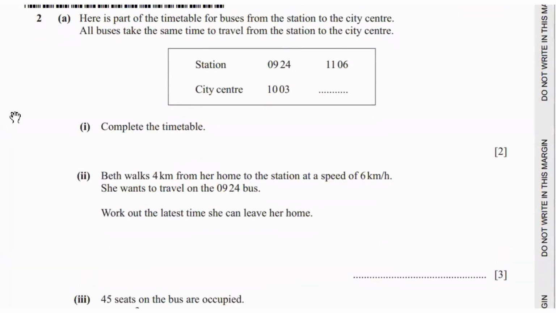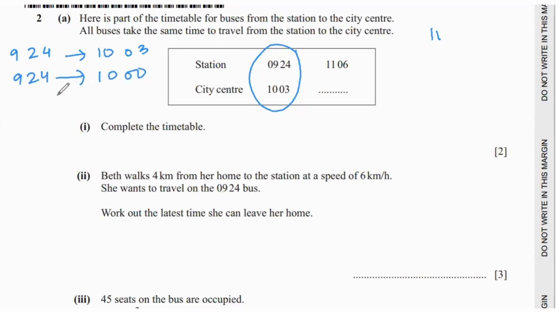Next question says, here's part of the timetable for buses from the station to the city center. All buses take the same time to travel from the station to the city center. Complete the timetable. So let's see how long it takes for this bus, starting at 9:24 and reaching city center at 10:03. It's from 9:24 to 10 is 36 minutes.